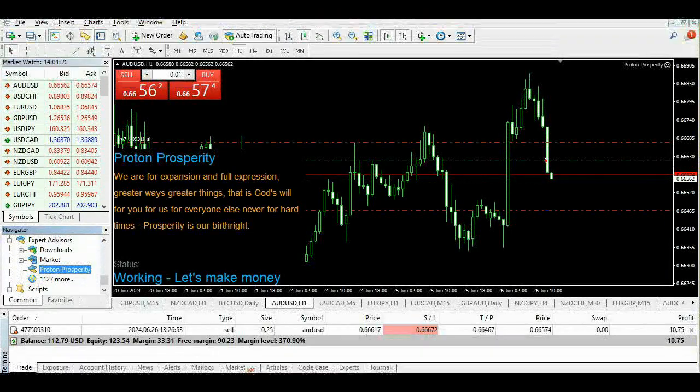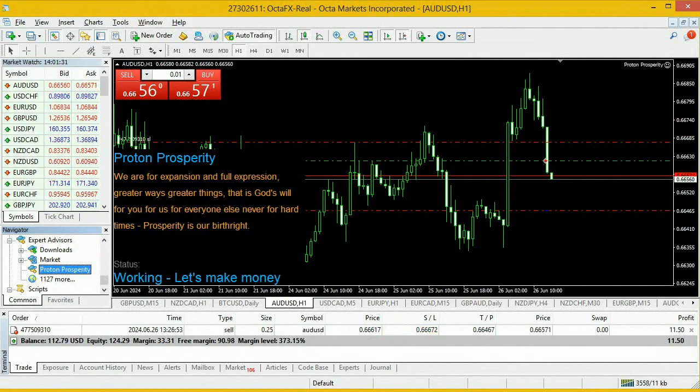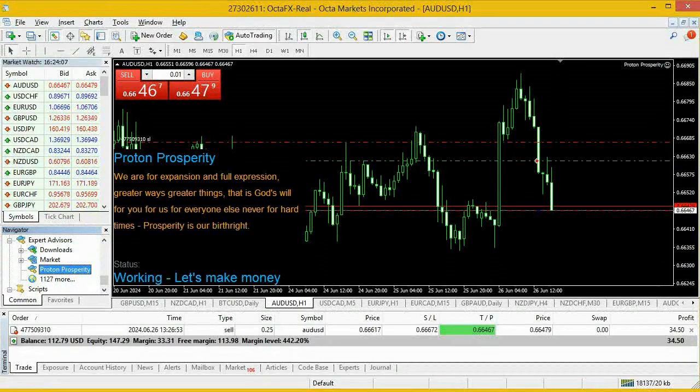This is where we are, 35 minutes into the trade. Almost 3 hours into the trade.